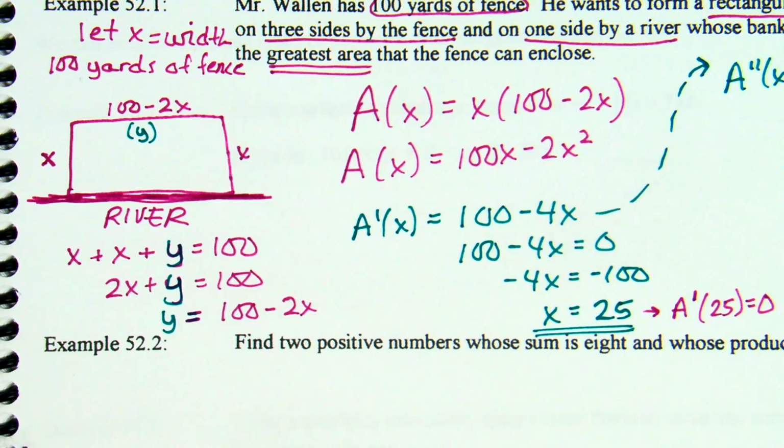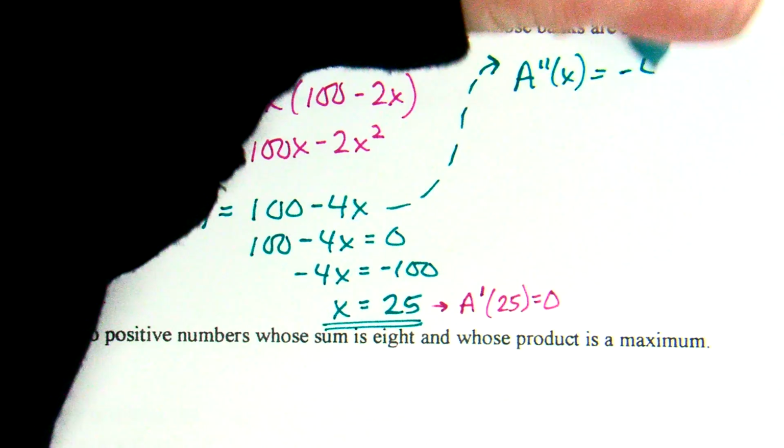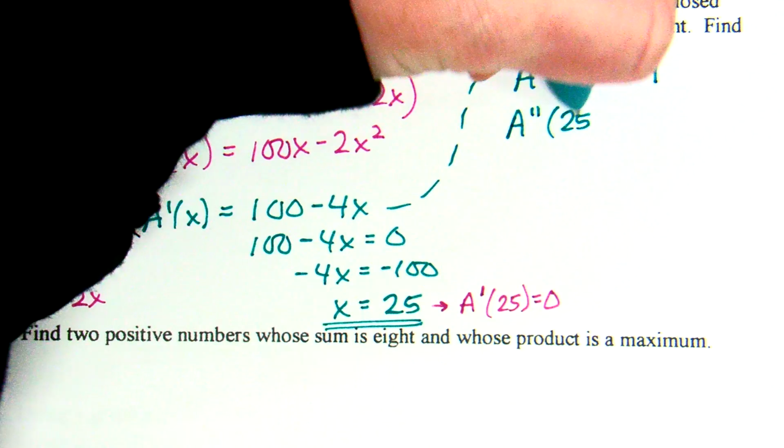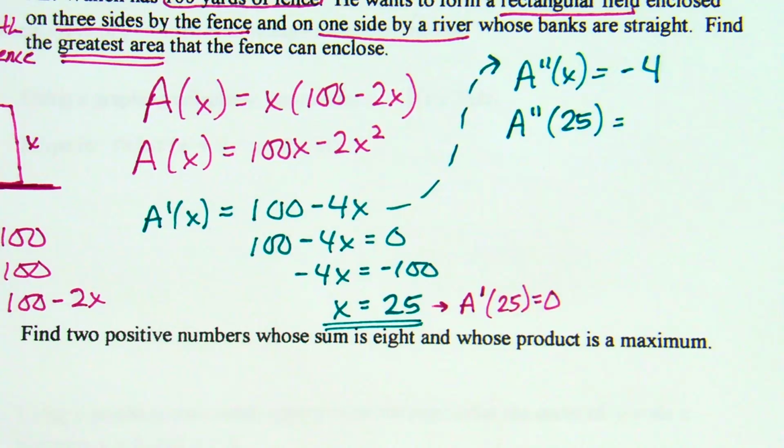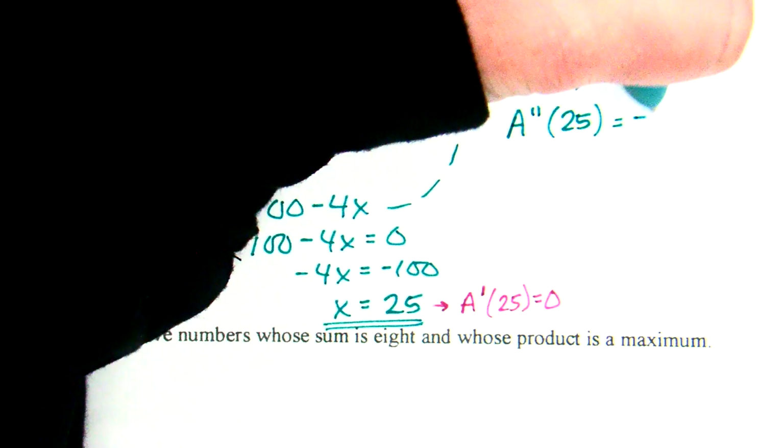Negative. I agree. The second derivative is negative 4. Officially I can ask you, what is the second derivative at the value of x equals 25? But the value of the second derivative is always negative 4, yes?